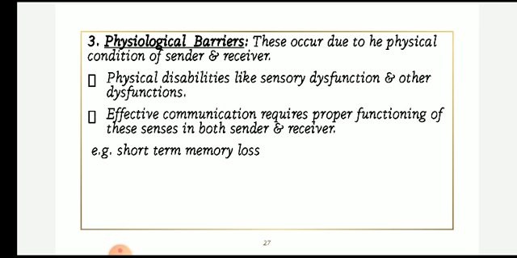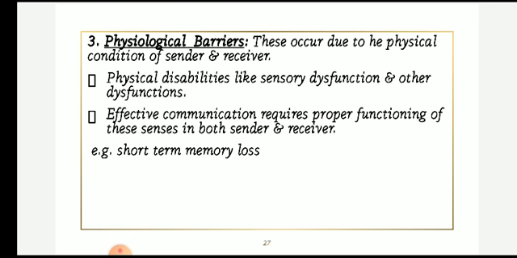Today in communication, we'll be discussing the next point, that is physiological barrier. Before that, again, just a short recap of what we have studied: the introduction of communication, what it is, sharing knowledge, definitions, and how communication can be achieved, the process.